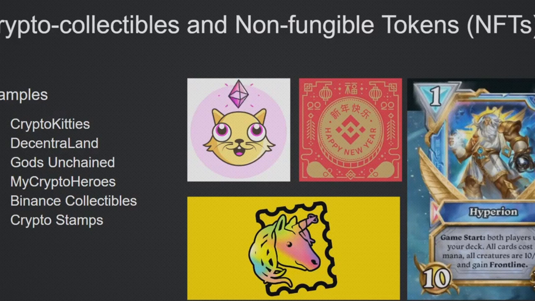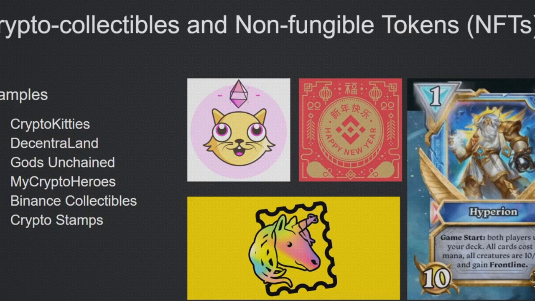Each CryptoKitty can have a combination of several different properties, such as age, breed, or color. And so each of them is unique, and they can't be interchanged with each other, but they can be exchanged. This was a novel idea, and it went viral pretty quickly, even reaching the mainstream media, as some of the CryptoKitties have sold for hundreds of thousands of dollars.